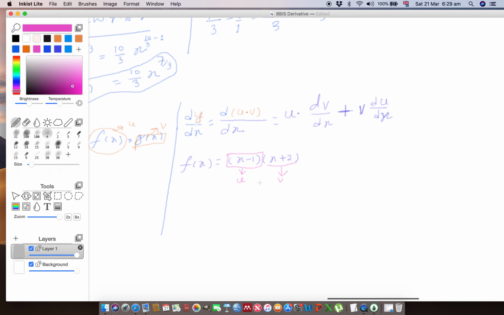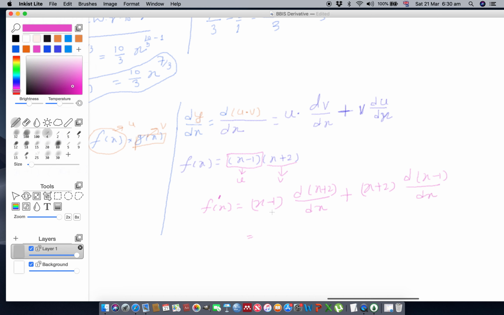So reduced into this form, what we find is f prime x is equal to: first take x minus 1 as a constant and the derivative of x plus 2 over dx, and plus, now let's take x plus 2 as a constant. That means do not use the concept of derivative for x plus 2. Then we take the derivative of x minus 1 over dx.